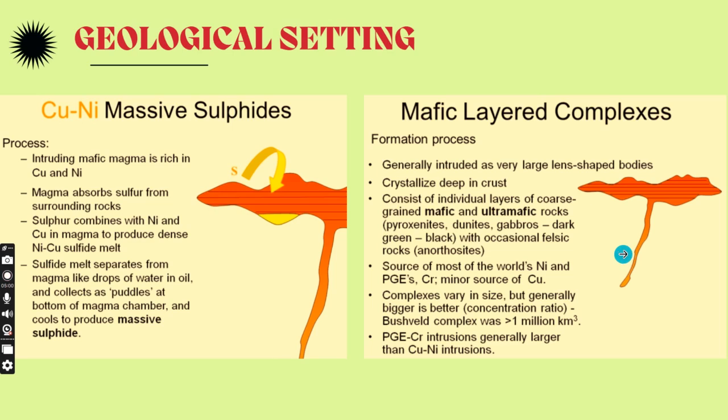They crystallize deep in the crust, and as we know, fundamental primary magmas are mostly mafic and ultramafic types, so they are very little differentiated. Pyroxenite, dunite, gabbro, these dark green, black, mineral rich rocks are found in association with another felsic rock, that is anorthosite.